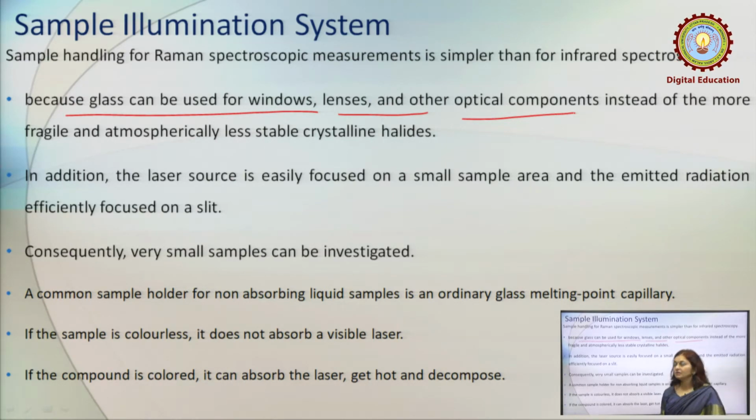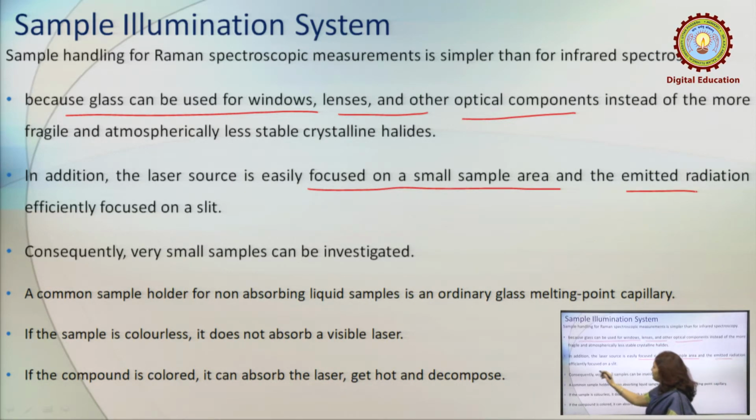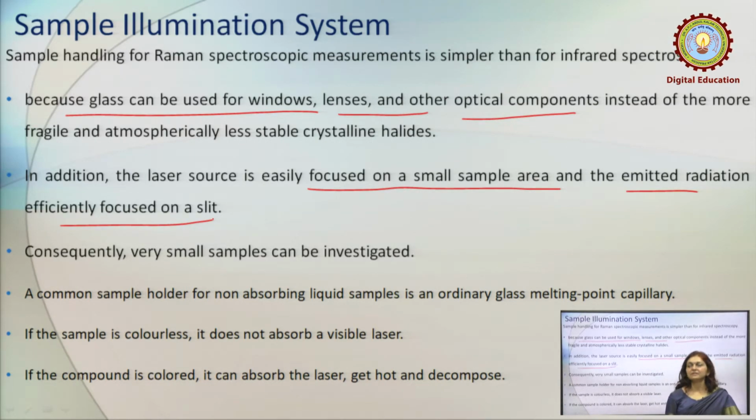In addition, the laser source is easily focused on a small sample area and the emitted radiation is efficiently focused on a slit. Consequently, very small samples can be investigated. A common sample holder for non-absorbing liquid samples is an ordinary glass melting point capillary.